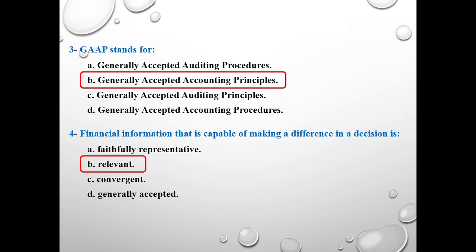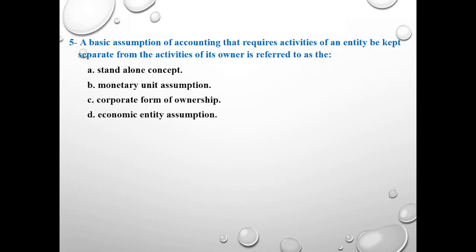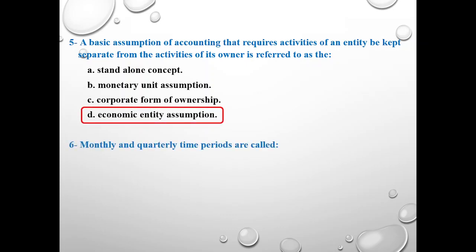Number 5. A basic assumption of accounting that requires activities of an entity to be kept separate from activities of its owner is referred to as the economic entity assumption. 6.